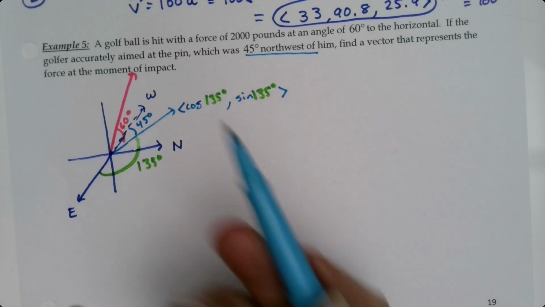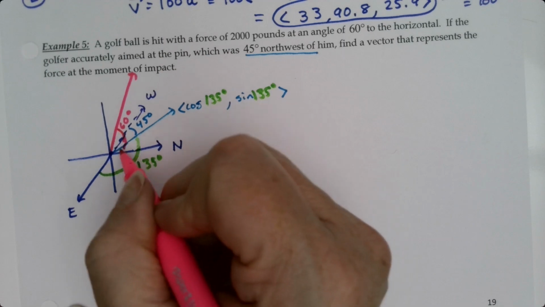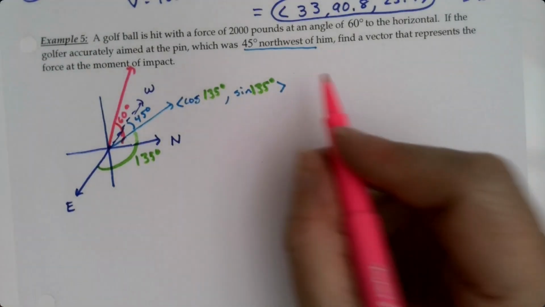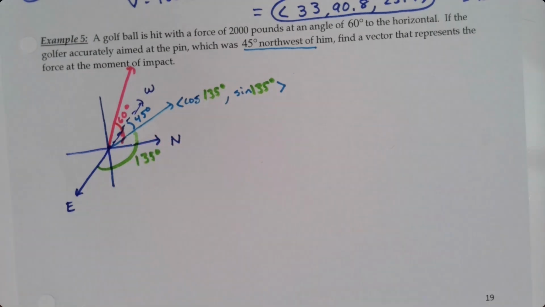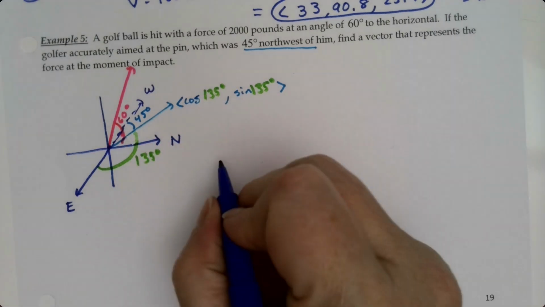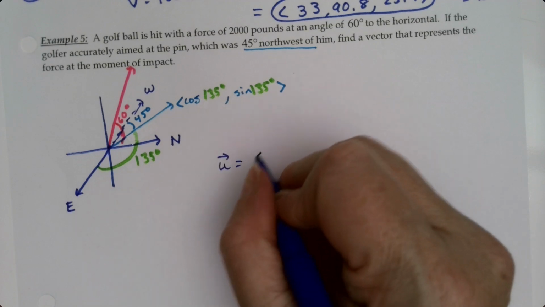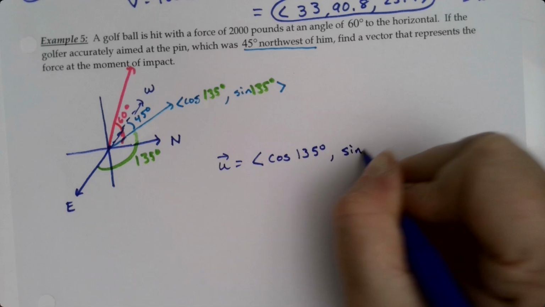And then we need our lift. Well, the lift is coming from the angle from the horizontal, which is the 60 degrees. So that would be the tangent of 60 degrees. That one's pretty easy. So let's think about the unit vector. It's going to be cosine of 135, sine of 135.